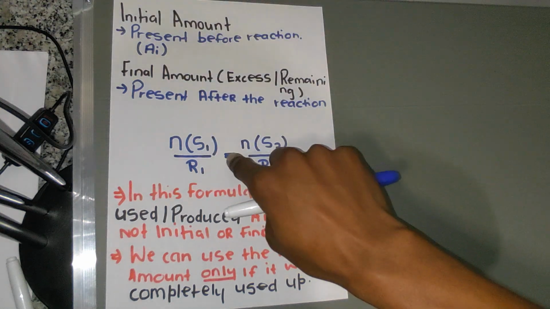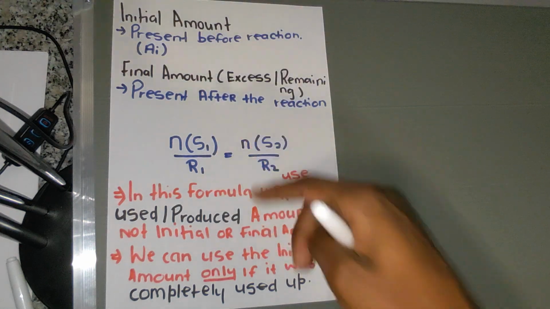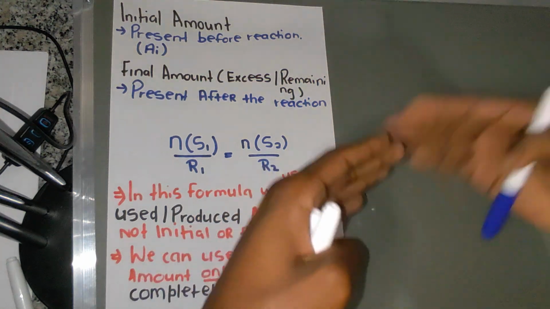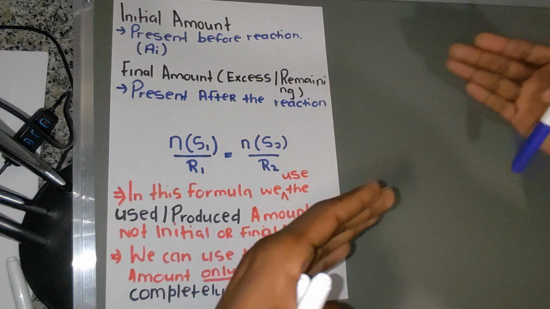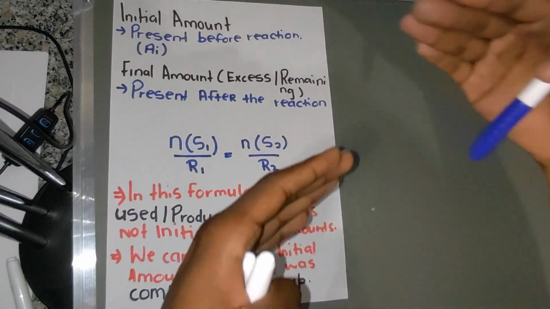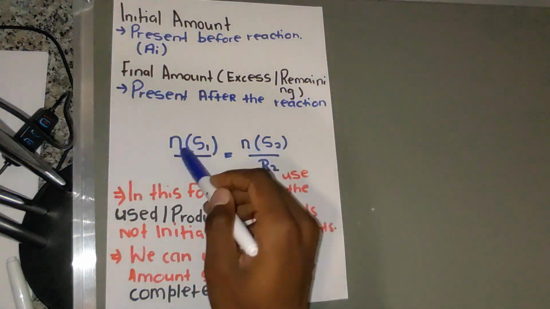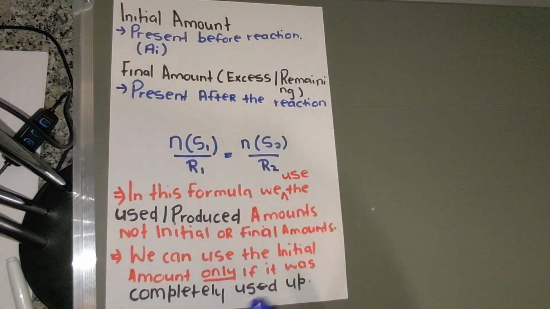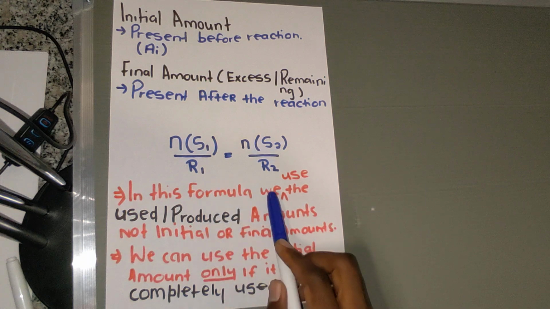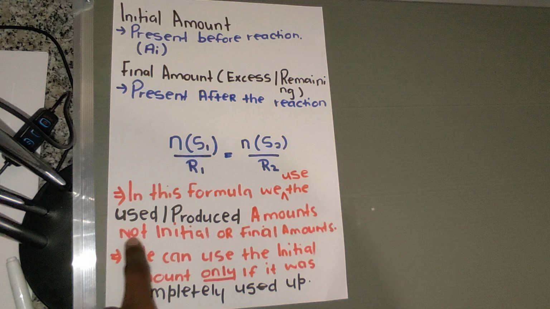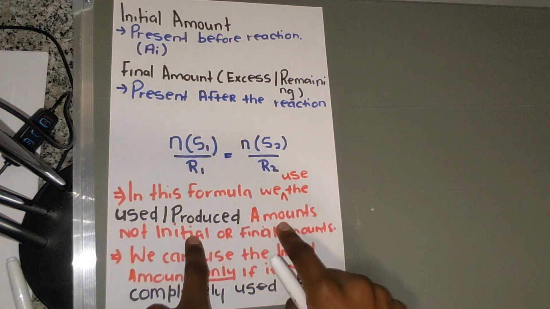We don't use them in this formula. And let us say the question continues to say, after the reaction is completed, it was discovered that 1 mole is remaining. Whatever remains or whatever was present initially, we do not use it in this formula. We use the used amounts or the produced amounts, not the initial, not the final.